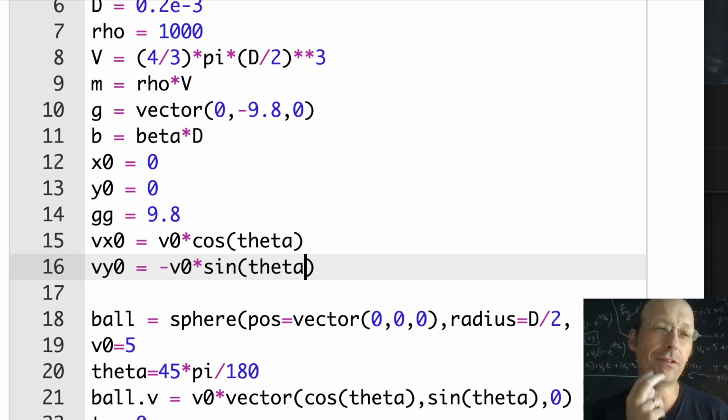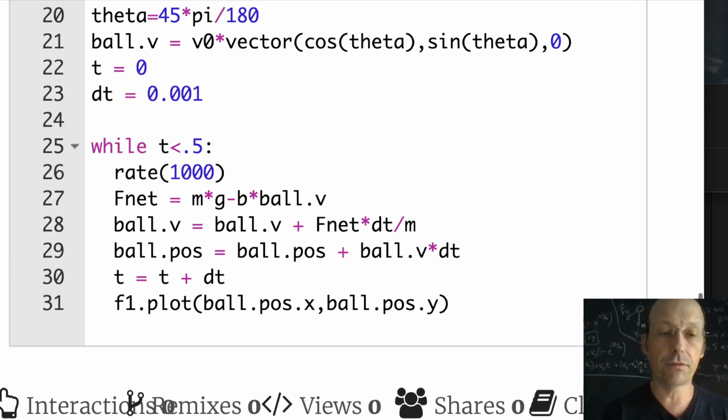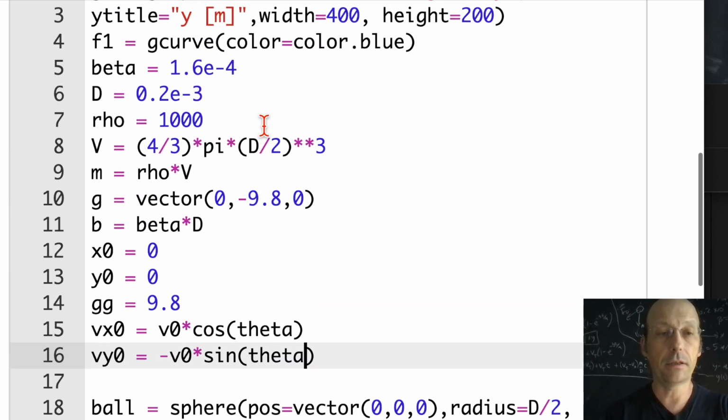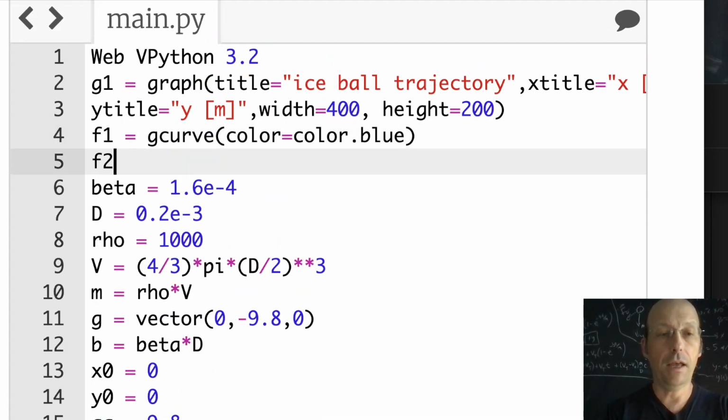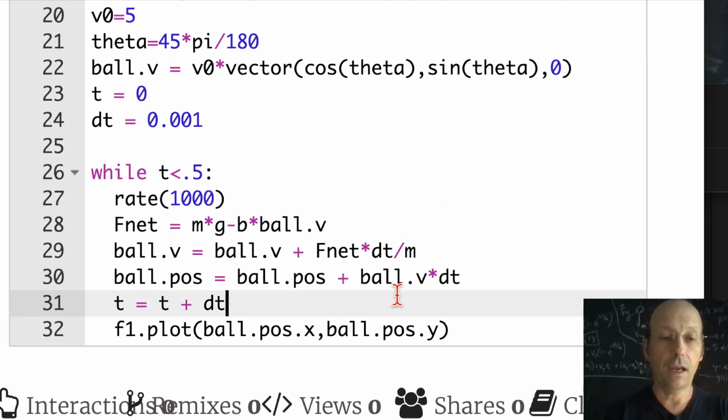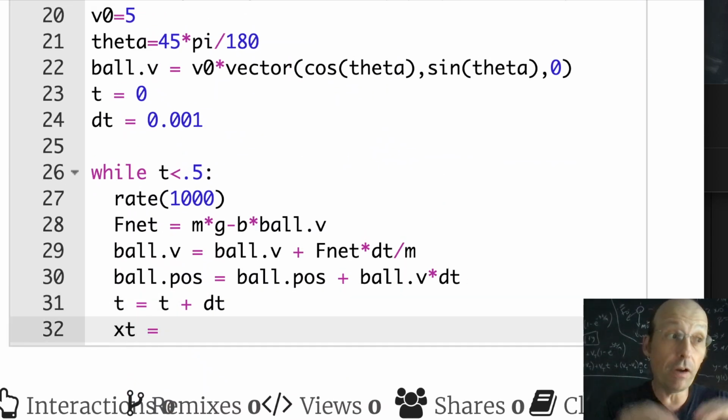I could just write these as functions, but I'm not going to. Let's just do this the long way. I need another graph. So I need something to plot. F2 equals G curve, color equals color dot red. And then down here, I'm going to calculate xt, my theoretical x position.